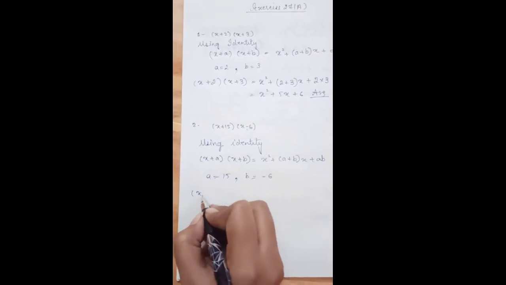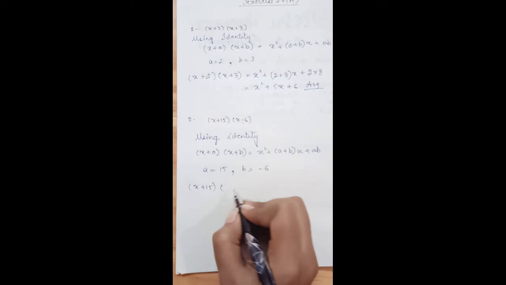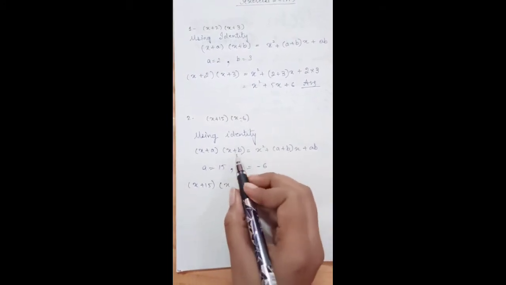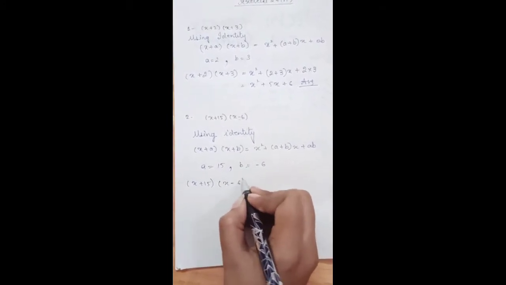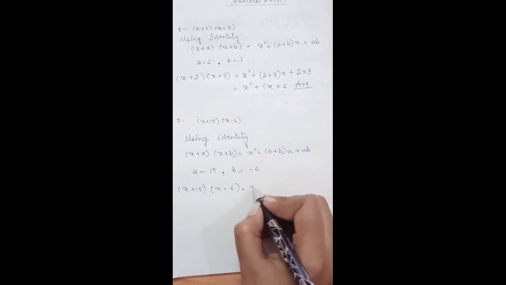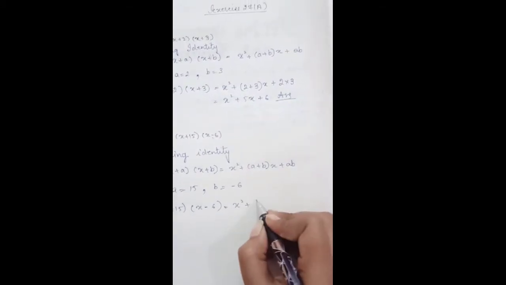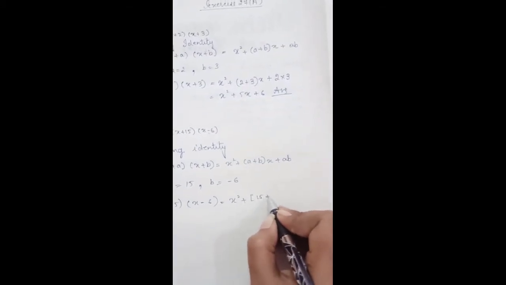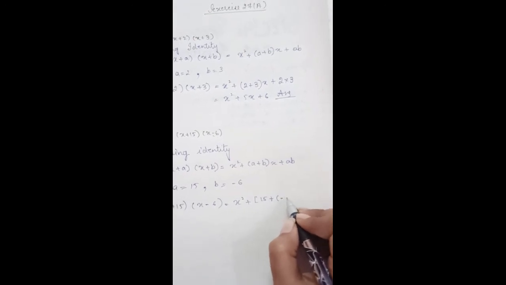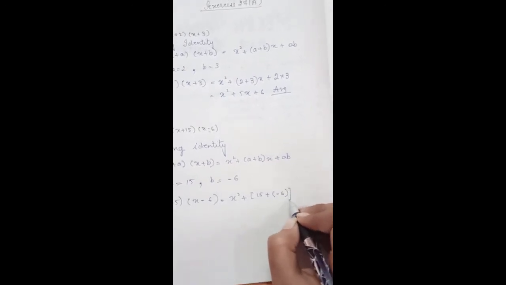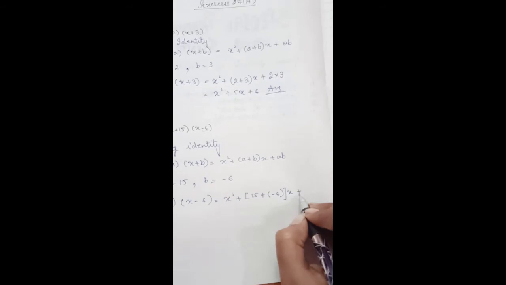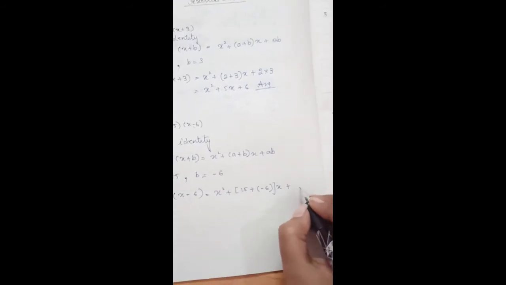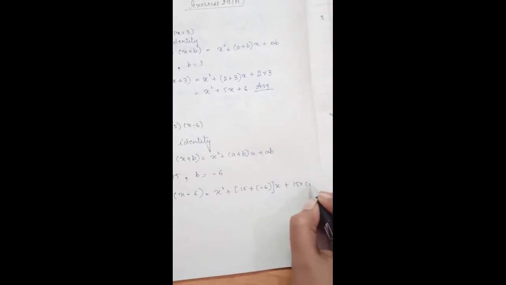Now we put these values in this identity. So here we get (x plus 15) and (x minus 6). Okay, now x square plus (a plus b)x, the value of a is 15, and the value of b is minus 6, right? Now we close the bracket. Now ab means 15 multiplied by minus 6.